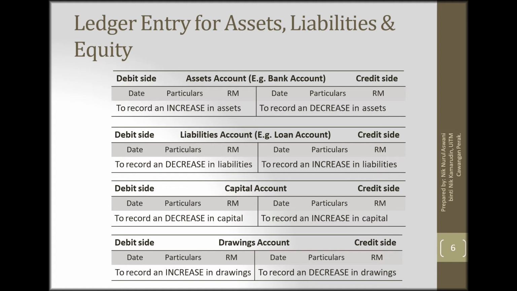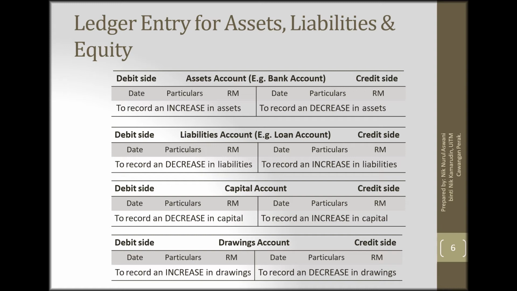Okay, on the debit side, we record an increase in asset, while the credit side, we record the decrease in asset. So this is in line with our discussion before regarding the increase or decrease in asset, and which account to be debited and which account to be credited. All right, okay. What about the liabilities?